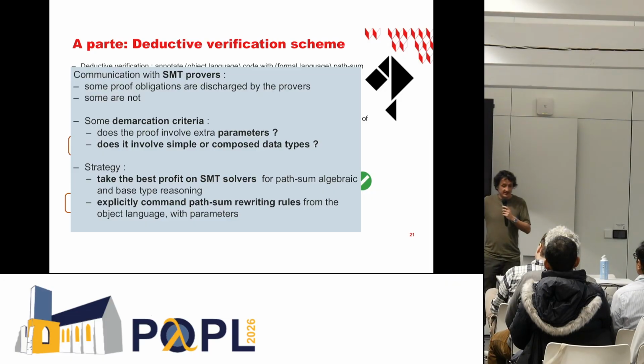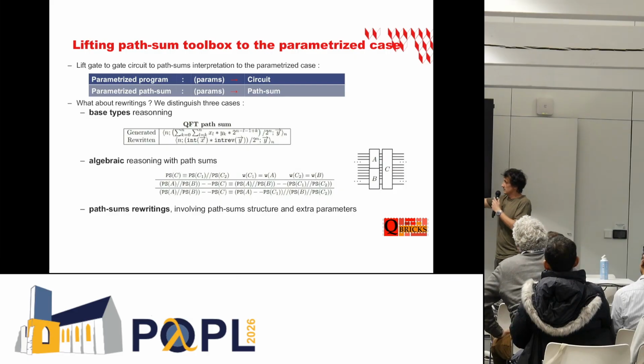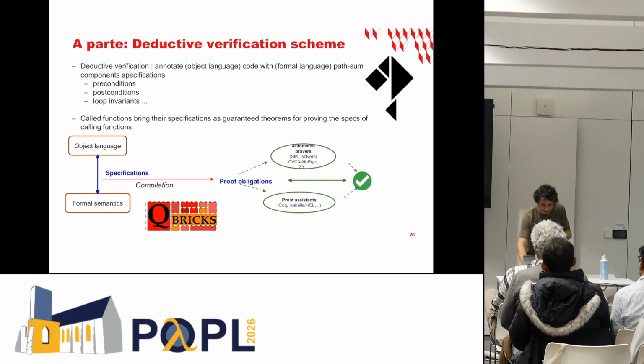And so basically it fits more or less the distinction that is there. When it is a rewriting of a path sum, generally it implies a factorization, and it needs to provide the proof a pattern. And when it is about algebraic reasoning about path sums or rewriting simple data types, then we have better chance to have the proof completely automatized.